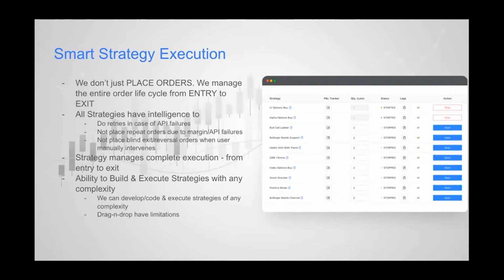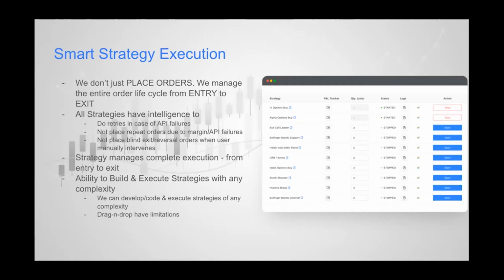In reversals, it will take multiple entries and exits. Quantity, risk, position sizing, PNL tracking, order management, each and every single thing is managed by the smart strategy execution. The user is not expected to do it manually and keep track of everything in the live market. Any type of complex execution is managed end to end, from entry to exit, in live market hours by the systems themselves.